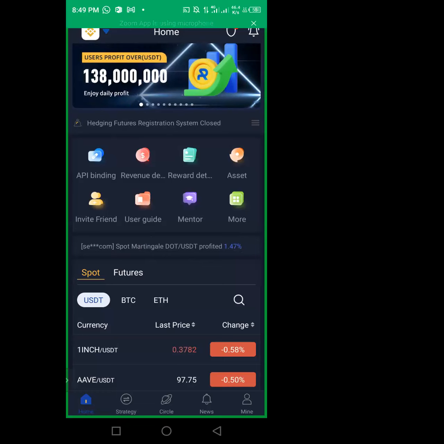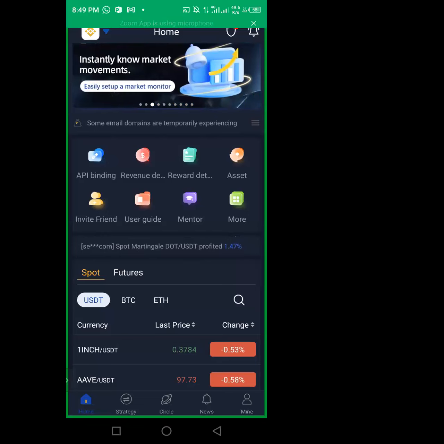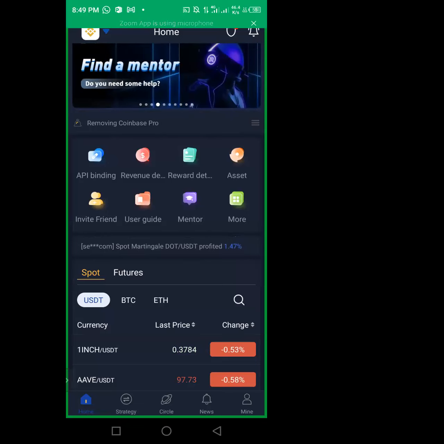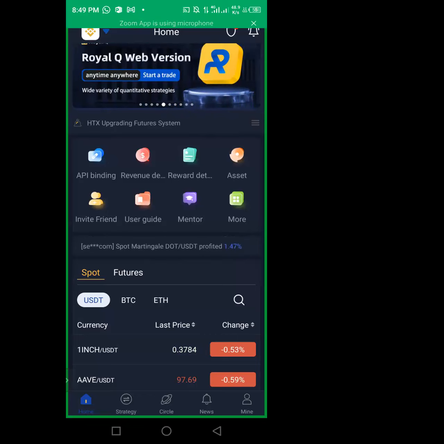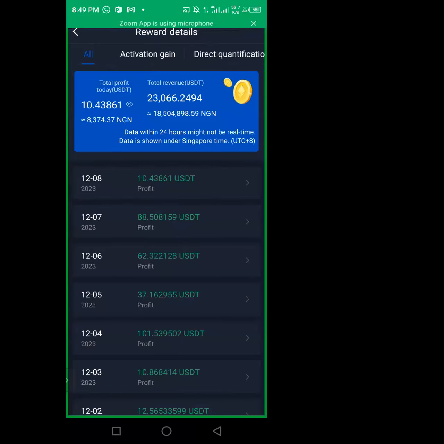So as long as the people under your team are doing well, you are leading them well, you are making sure that they are trading well, Royalq gives you passive rewards. As far as they are making profit daily, Royalq gives you passive income daily. So you get it here.